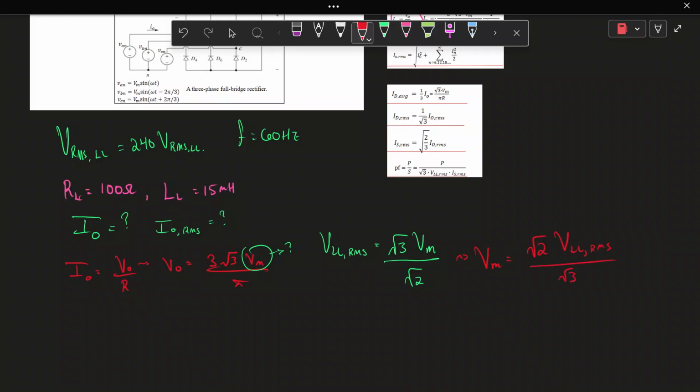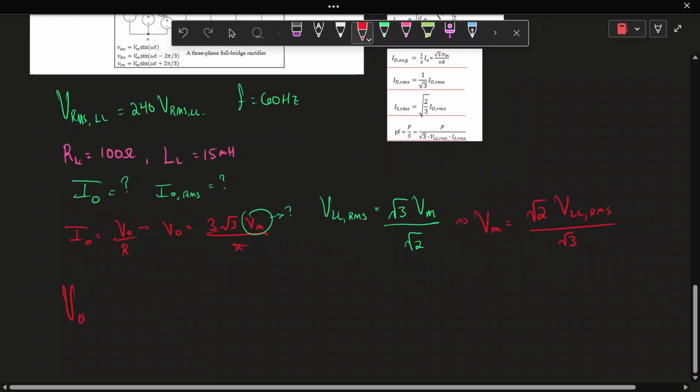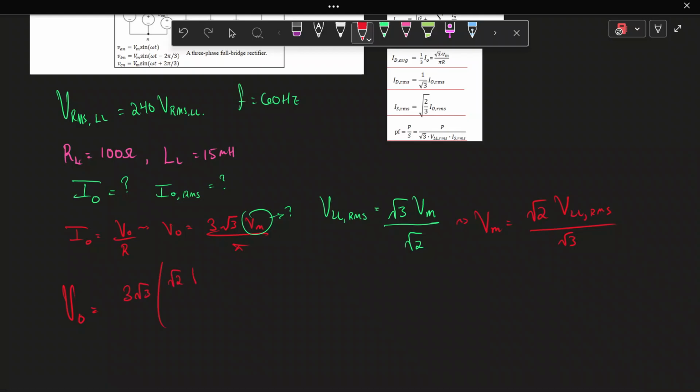Now we can plug that value in for V_m and find V_O. So V_O is going to be equal to 3 square root of 3 times square root of 2 times V_LL RMS, which we know to be 240 from up here, divided by square root of 3, all divided by pi. You should see something that you can cancel: the square root of 3. So now we have 3 square root of 2 V_LL RMS divided by pi.